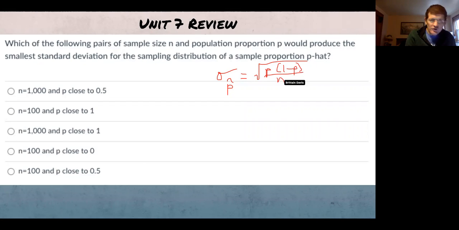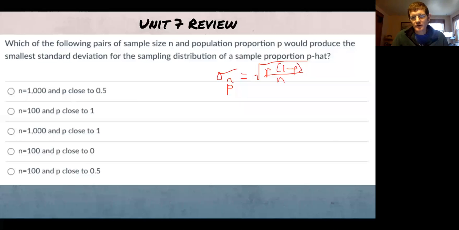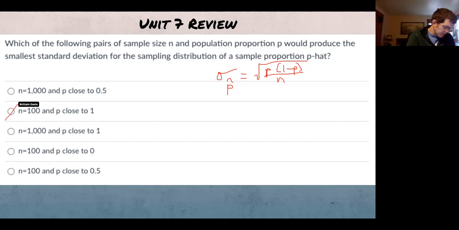Anything in the numerator is directly proportional to the standard deviation. Anything in the denominator is inversely proportional. So the bigger n is, the better. I'm going to cross these three off.